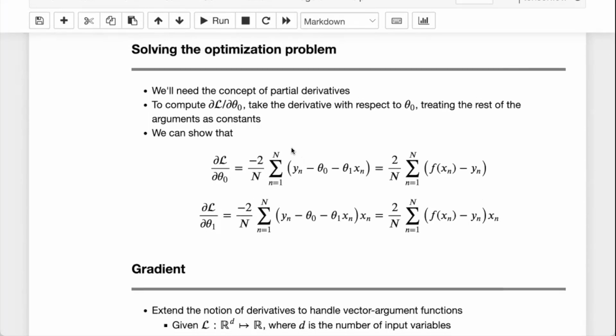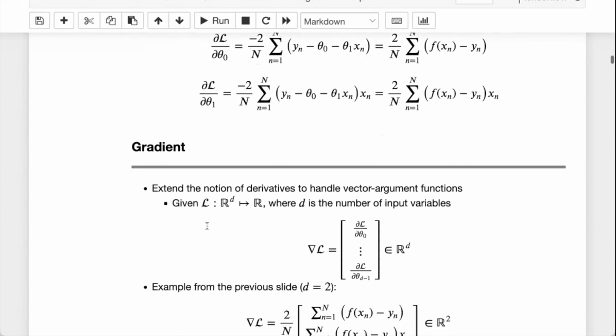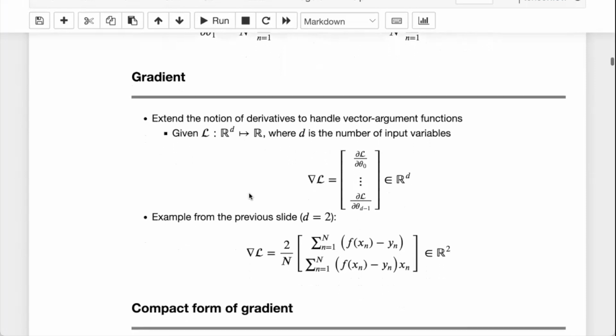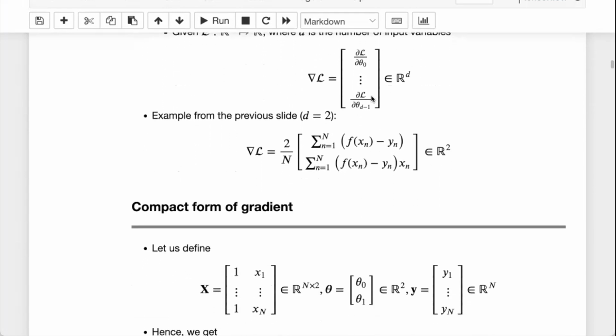Okay, going back to the Jupyter notebook, you'll see that we found these partial derivatives with respect to theta 0 and theta 1. Then we discussed the idea of gradient, which is used to extend the notion of derivatives to handle vector argument functions that we have here. And since we have only two parameters here, theta 0 and theta 1, this means that this gradient vector has only two elements too.